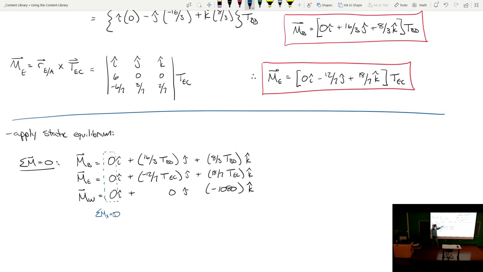So now we have this column and this column to consider. So this is summing moments about the y-axis, and this is summing moments about the z-axis.